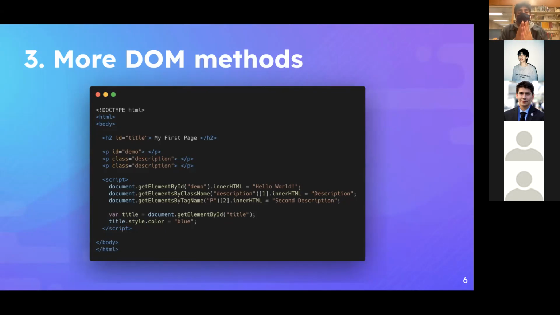So let's say I started with goodbye world in my p tag here. I can access that before I overwrite it with something else. So when you change this object, you completely overwrite what was already there. So what was there is accessible, and what can be there is writable.